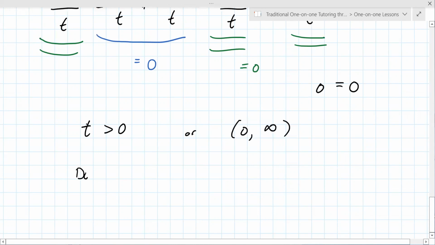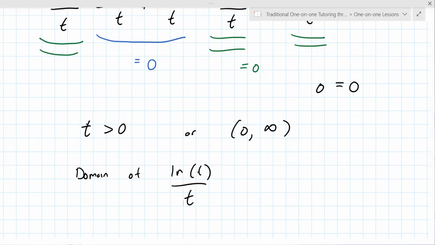That's the domain of natural log t over t. Okay, that makes sense.